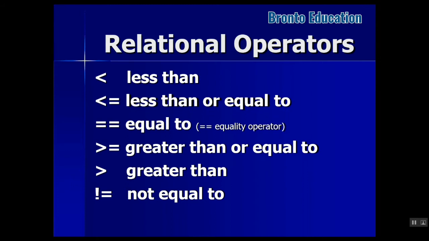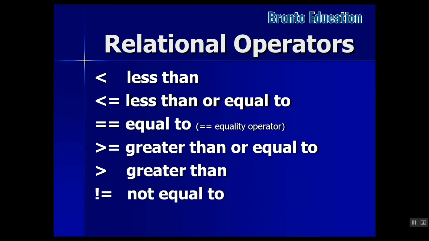Less than or equal to, for example, if the score is less than or equal to 100, it means this is a correct score. But if we say it should also be greater than or equal to 0, it means the score will be from 0 to 100. That time we need logical operators.